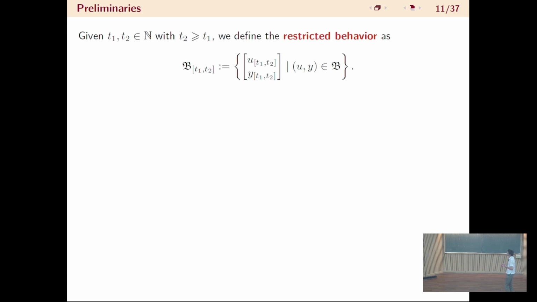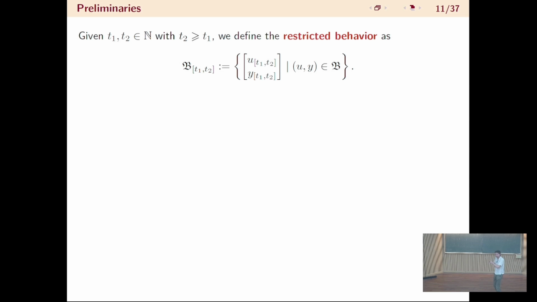That's why I also introduced this notion of a restricted behavior. This is the behavior of the system on a finite time interval, let's say from times t1 to t2. So let's look at these two integers, t1 and t2, in the natural numbers, with t2 larger or equal to t1.